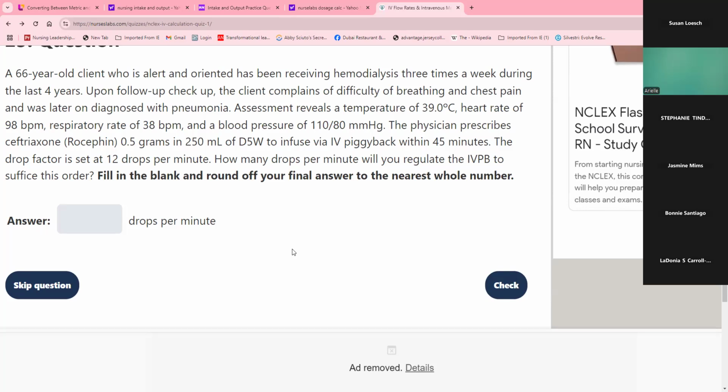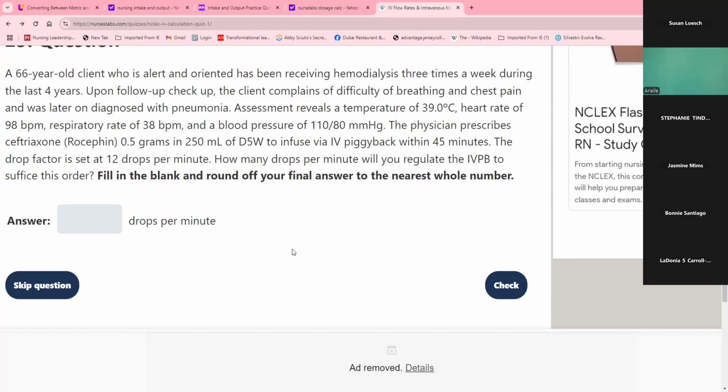All right, now let's do the drops per minute here. So drops per minute is total volume over time in minutes times the drop factor. Hey, guess what? I don't have to convert anything here, right? Because everything's already the way I need it, in minutes.